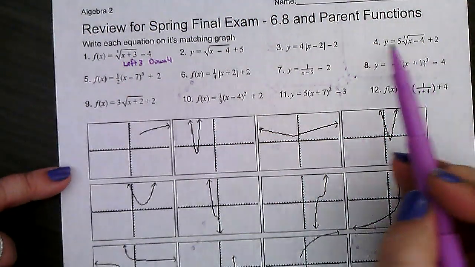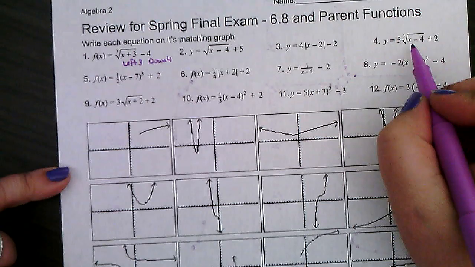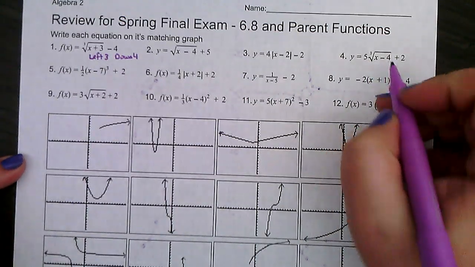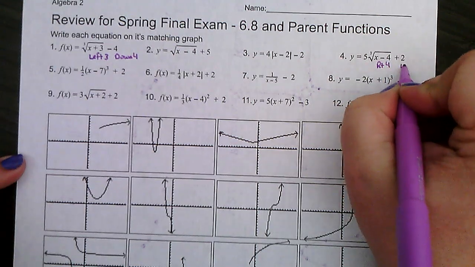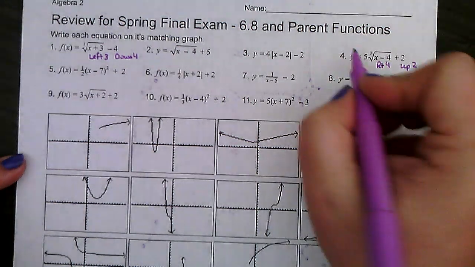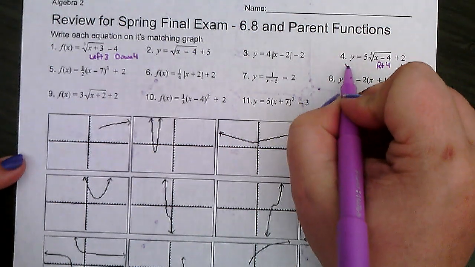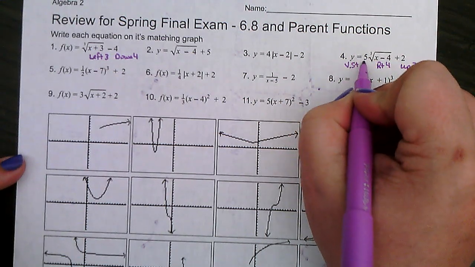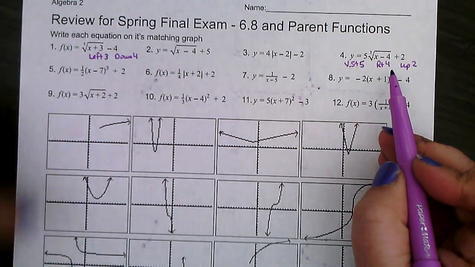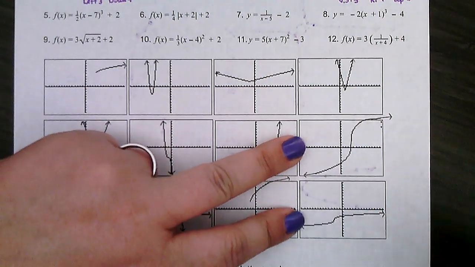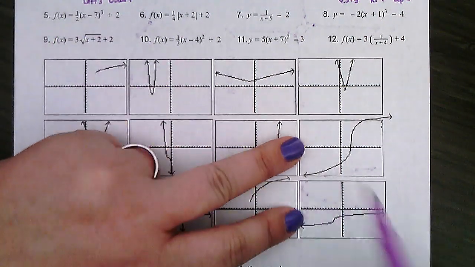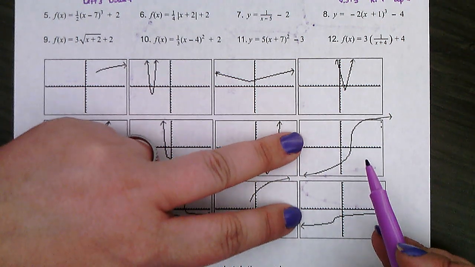Then if I skip over, I find my next cube root over here. This is going right 4 and up 2. This 5 out here also makes it have a vertical stretch of 5, so this one is going to be stretched. This one is not. If I look at these two, which one looks like it is stretched? It's definitely this top one.